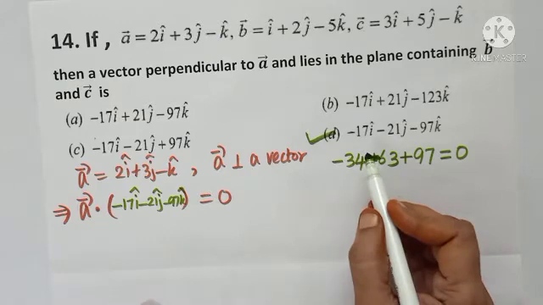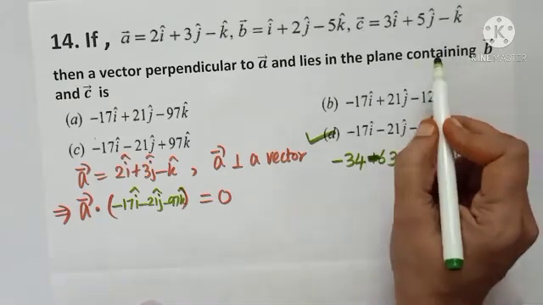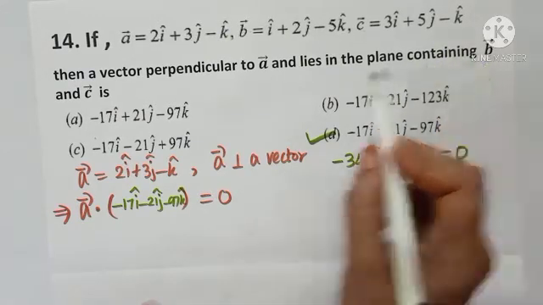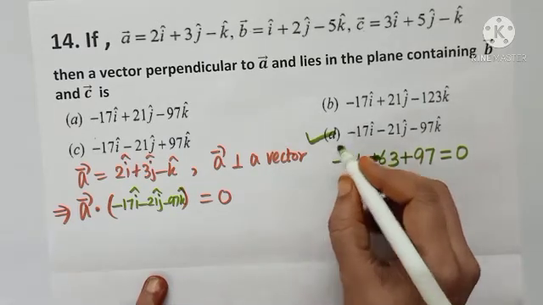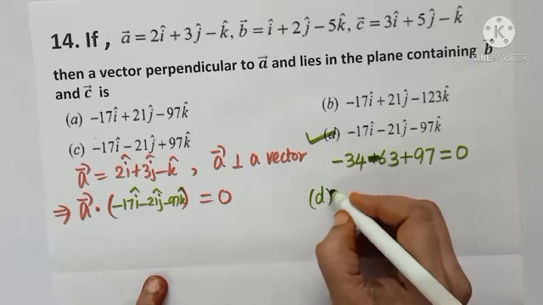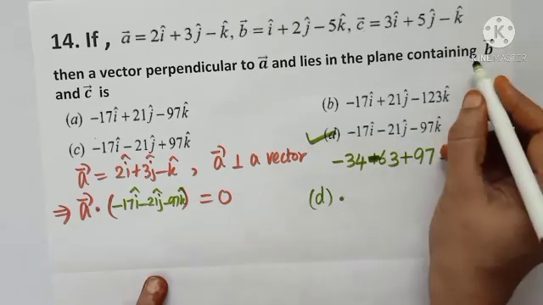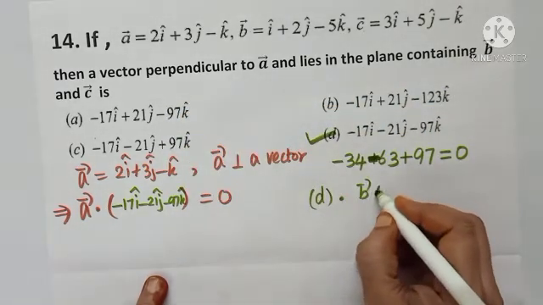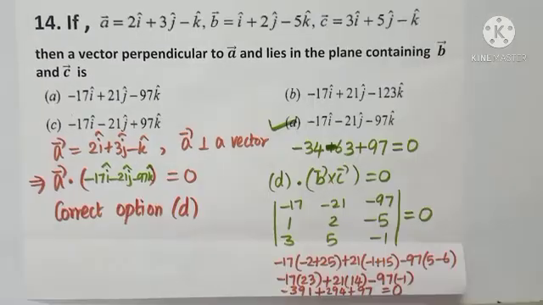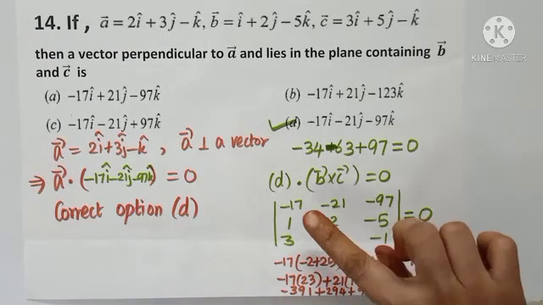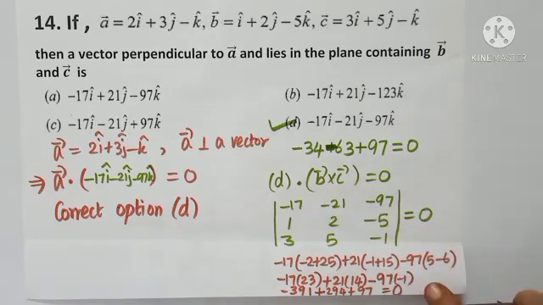Cross verify the other one, plane containing B and C. So I will say this D option dot, which answer? B cross C. That also should give me 0. As we have verified D option dot B cross C, my answer is 0. We take and write the correct option is D.